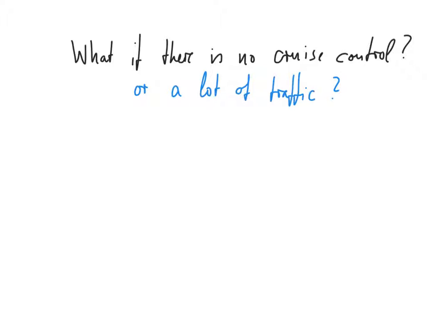In these cases we cannot really do that, because we cannot keep our foot on the gas pedal in a nice constant way, or even worse, if there's a lot of traffic, the circumstances prevent us from doing that anyway.